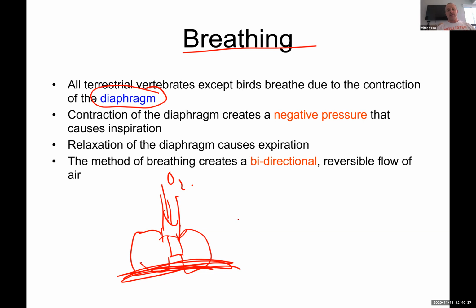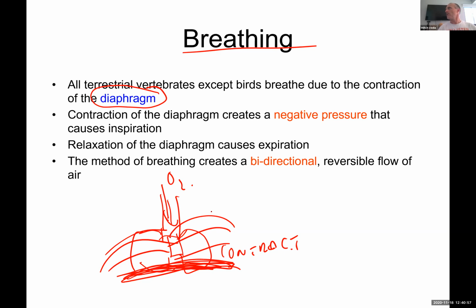Touch right below your ribs. Touch that area when you breathe in, and you'll notice that when you breathe in, this muscle contracts. So when you breathe in, the diaphragm contracts, and the rib cage, made up of all these bones that are here, will rise.